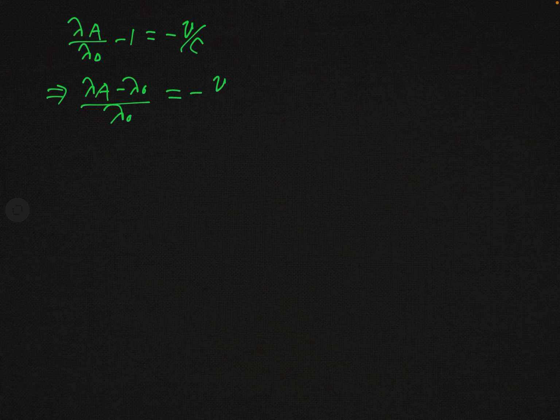You can see that lambda A by lambda naught minus 1 will be simply equal to minus V by C. And now you can simplify it taking the LCM. This will be lambda A minus lambda naught over lambda naught, and this will be equal to minus V by C.